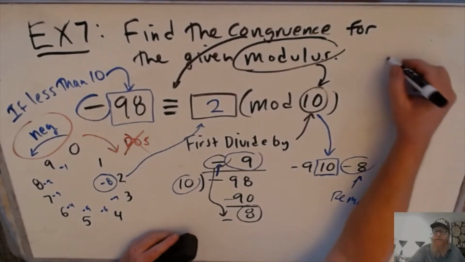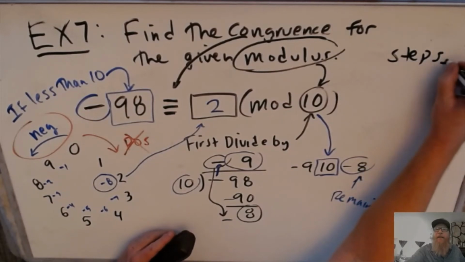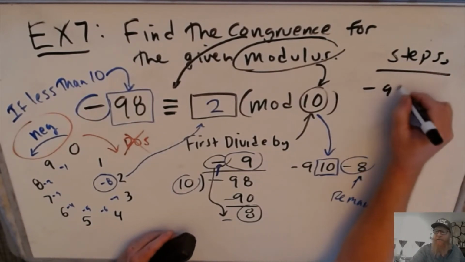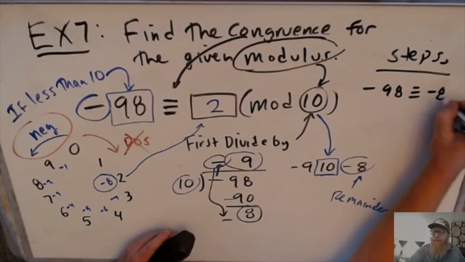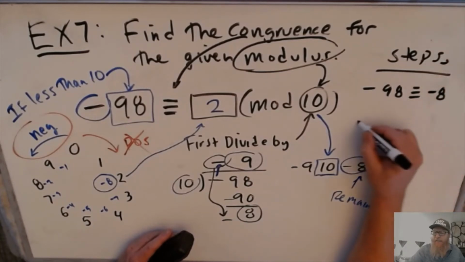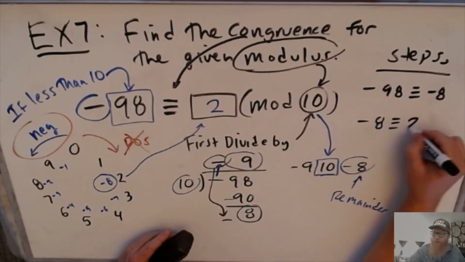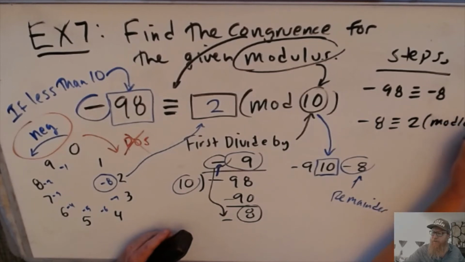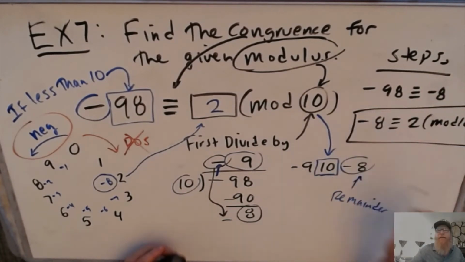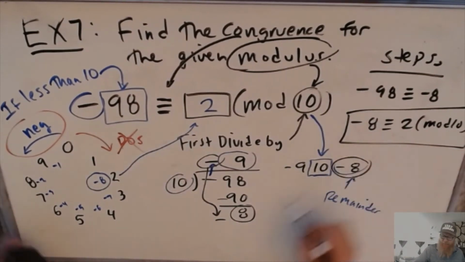You could write this out in steps if you like. Negative 98 is congruent to negative 8. Negative 8 is congruent to 2 mod 10, if you like to do it in steps.